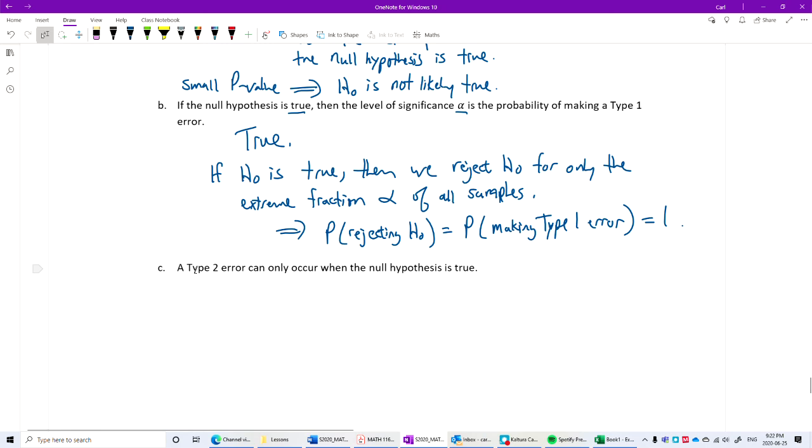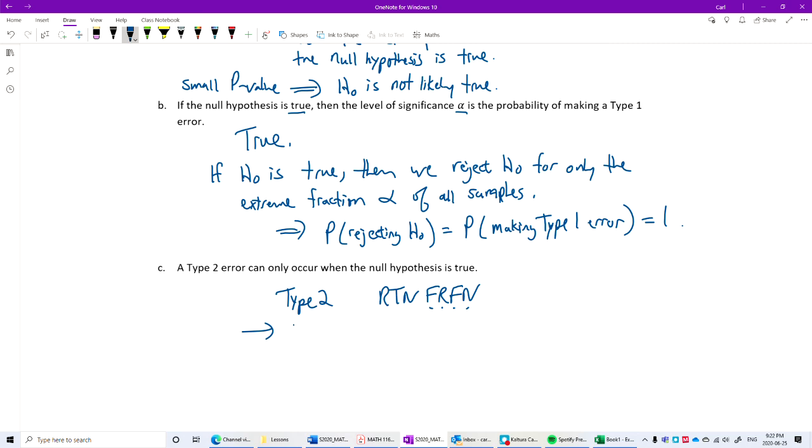Okay, a type 2 error can only occur when the null hypothesis is true. Okay, let's think about that. What is a type 2 error? Type 2 is when we fail to reject a false null.